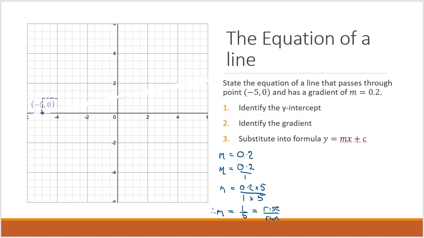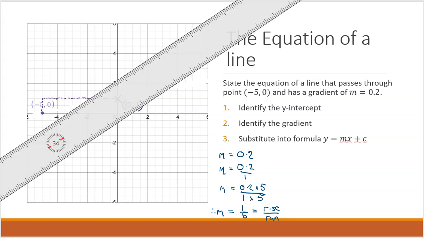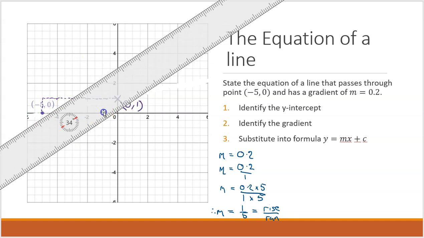So this will be 1, 2, 3, 4, and 5. So I'll label that, and I'm going to annotate it. Then I'll get my ruler out, and I'm going to draw a line between these.